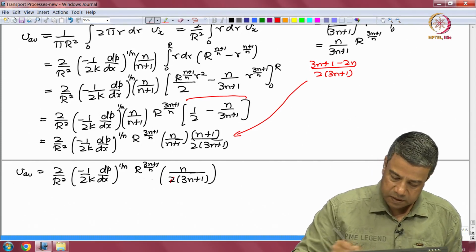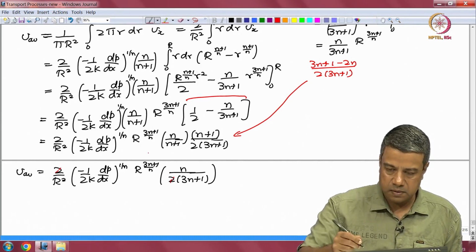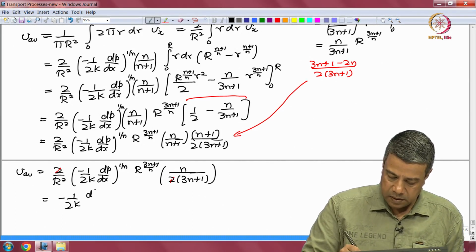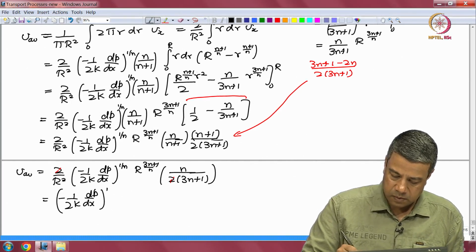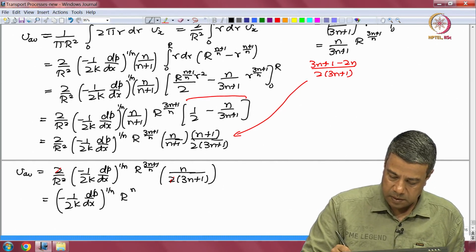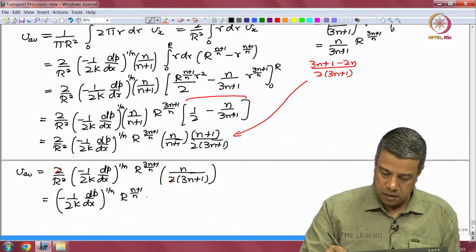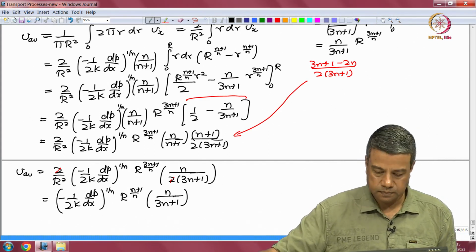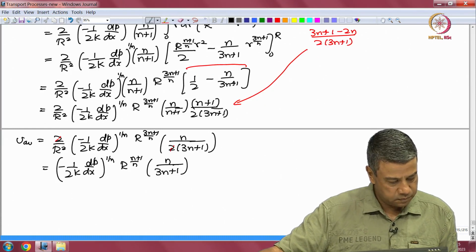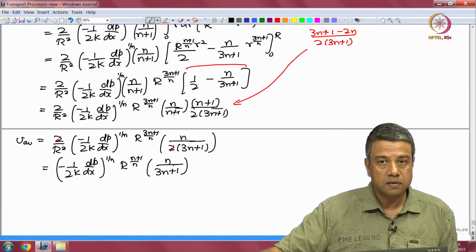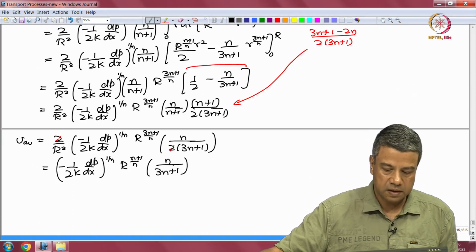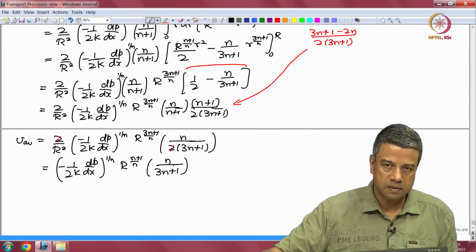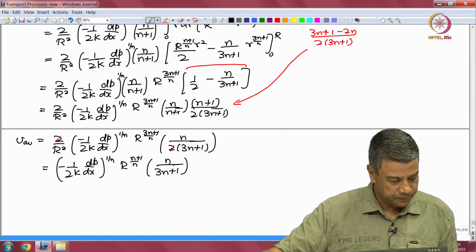And the factor of 2 here will cancel out, and r square will cancel out with r power 3n plus 1, and finally I will get minus 1 by 2k dp by dx whole power 1 by n into r power n plus 1 by n, into n by 3n plus 1. So, this is the expression for the average velocity. You can verify by setting n equal to 1 that you get the exact same relationship for a Newtonian fluid.